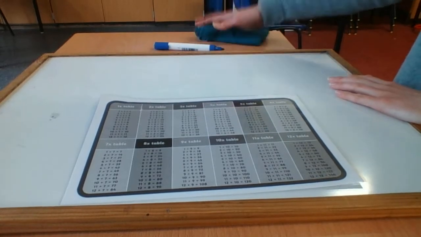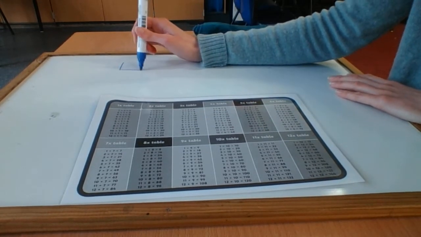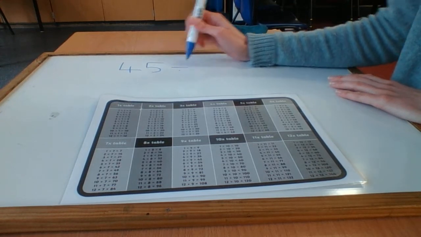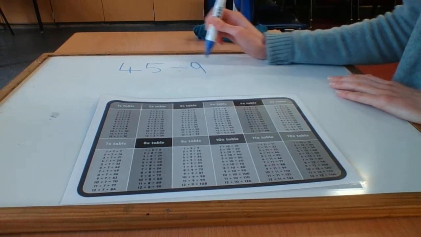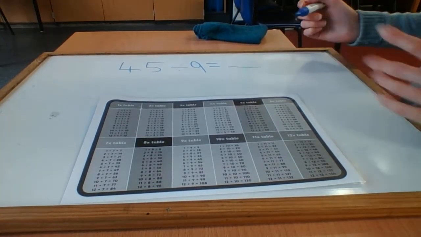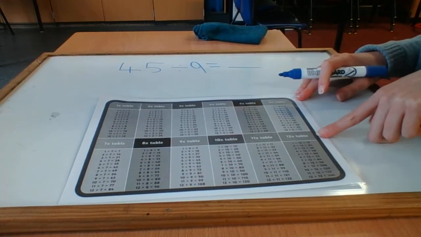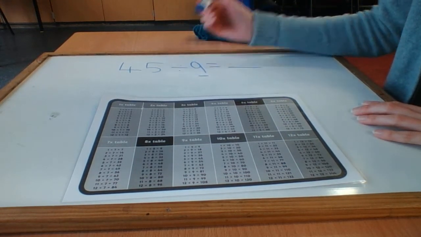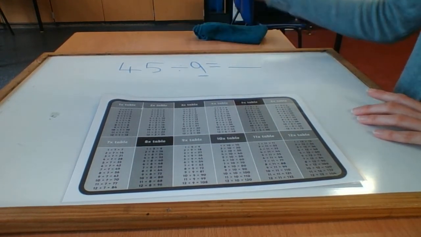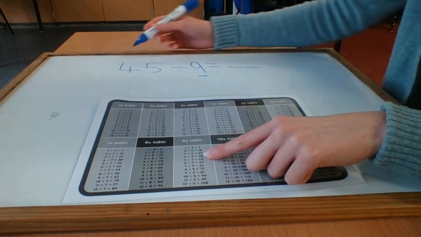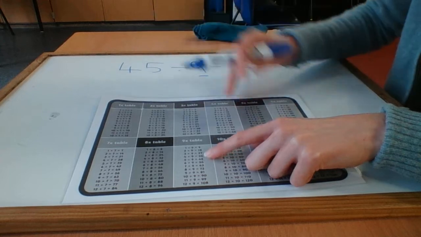With division, it might be you have a division sentence. 45 divided by 9, I'll draw those sideways, equals something. And so you look at your multiplication grid and you can look at the 9 times table because you know division and multiplication are linked. So 9 times table you've got, and we're going to look for the answer 45.